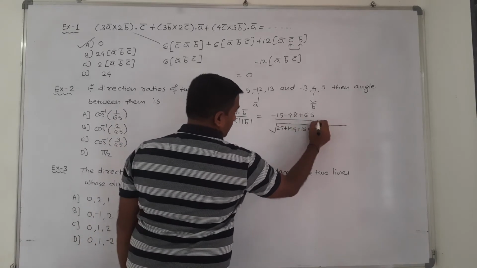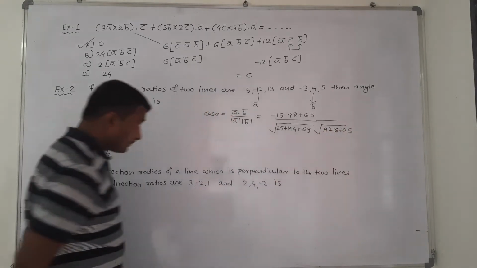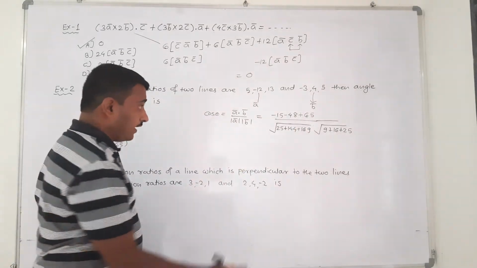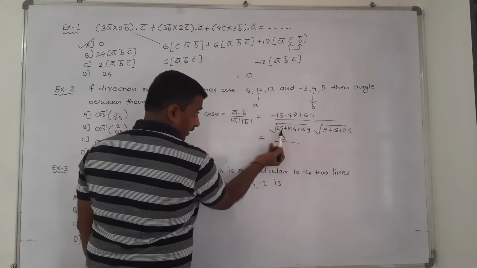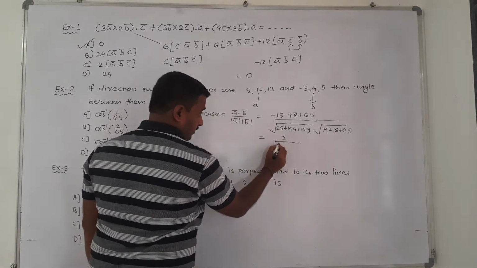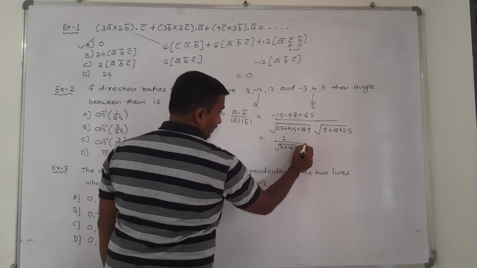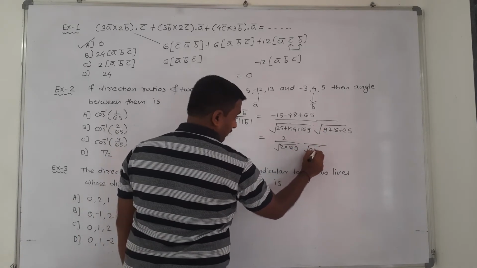Second is 3 square 9, 16 and 25. Minus 15 minus 48 minus 63 plus 65. It is just 2 as denominator. Square root 144 25 169 plus 169 just 2 times 169, and here is 9 16 25 again just 2 times 25.